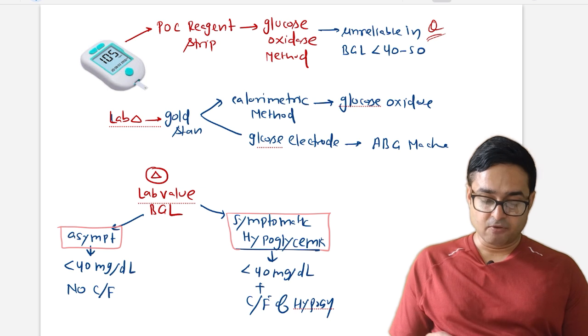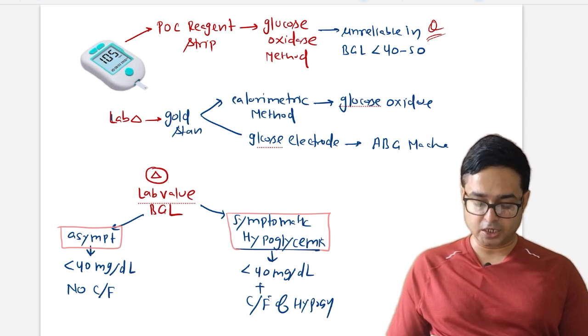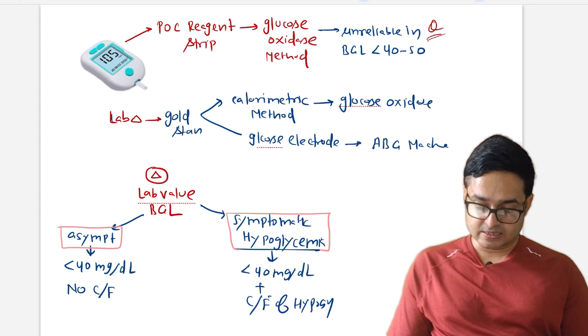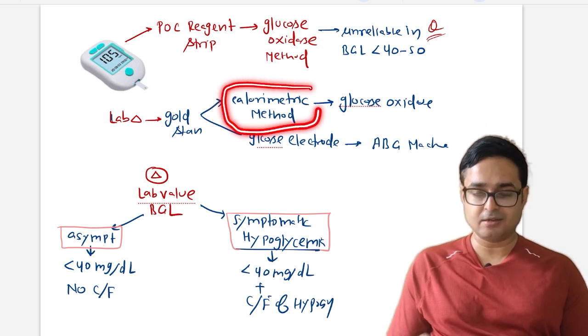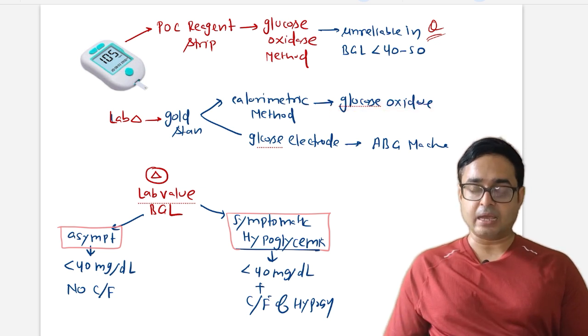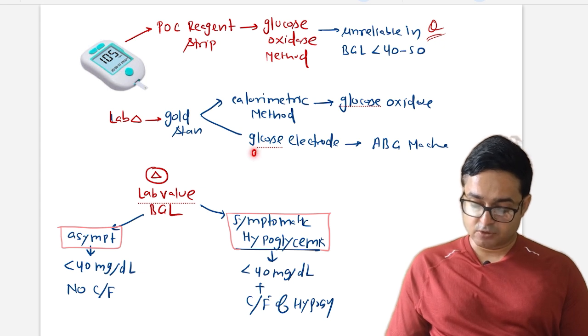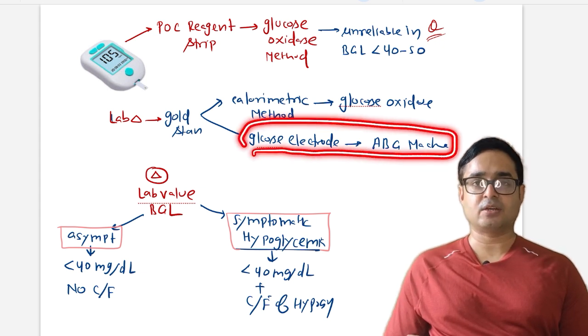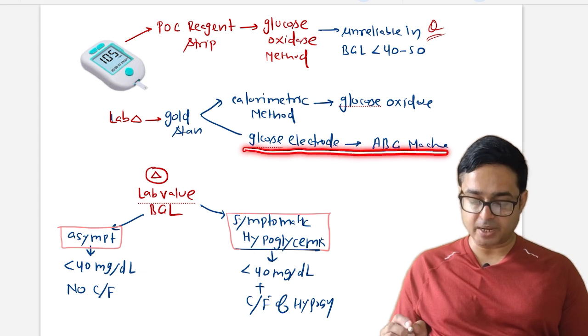What is the gold standard for estimation of blood glucose in neonates or children? This is the lab value that uses the colorimetric method. Again important, this is also a glucose oxidase method, but it uses a colorimetric method. In an ABG machine, you also see a blood glucose value. Generally, they are not reliable because they use glucose electrode methods.